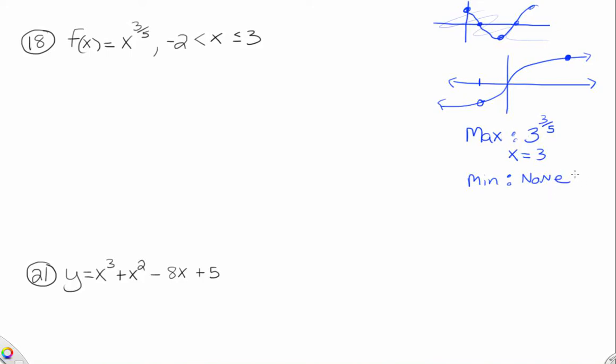Okay, so let's see if we can get the math to back up what we already know to be the answers. Alright, so once again, I'm going to check my endpoints. That means I'm going to check simply f of 3 this go around, which would again be 3 to the 3/5. -2, no endpoint, and so that's it. So now I'm going to look for critical values.